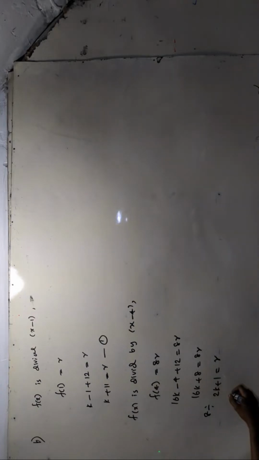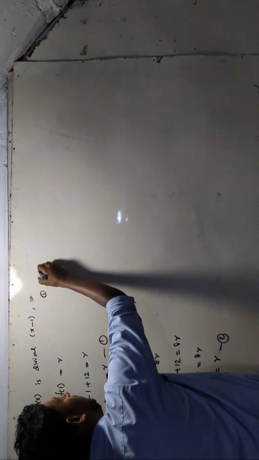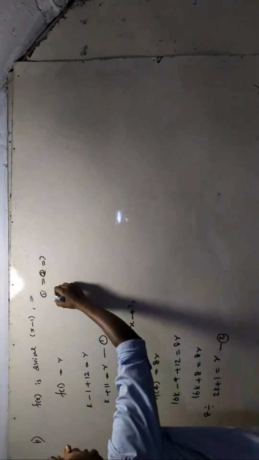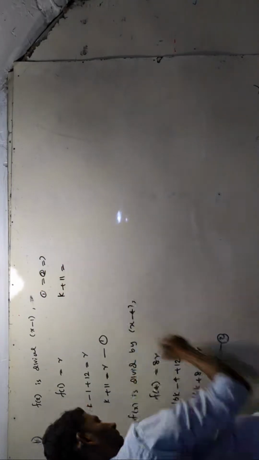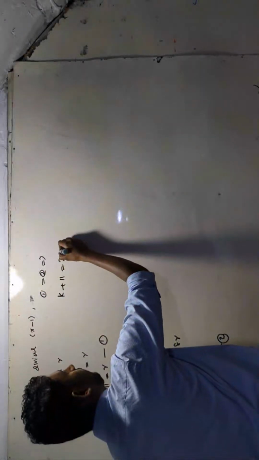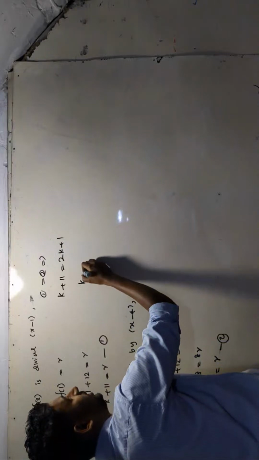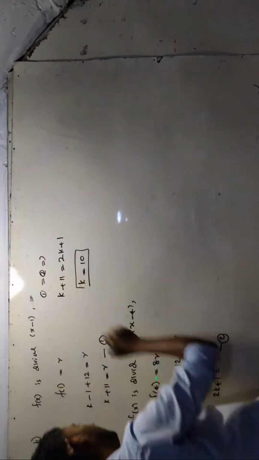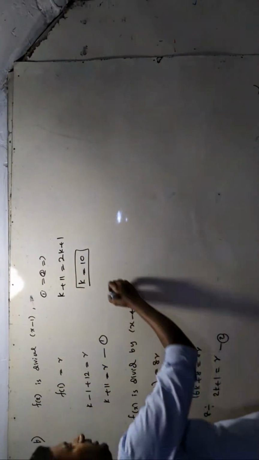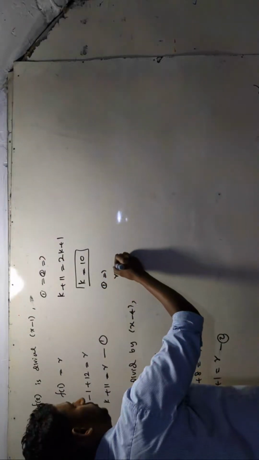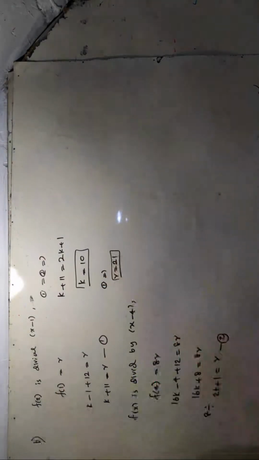Okay, so this is the second equation. We can equate these 1 and 2 now. That means k plus 11 is equal to 2k plus 1. That means k is equal to 10. K is equal to 10 means r is equal to 21. So these are the values of k and r.